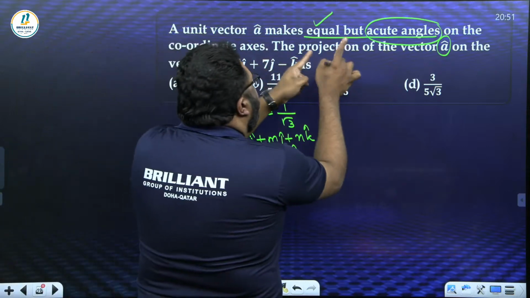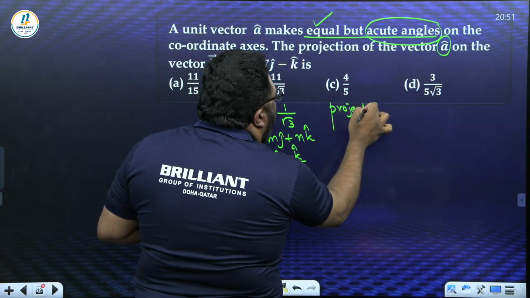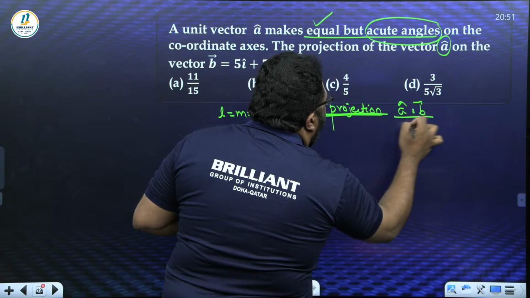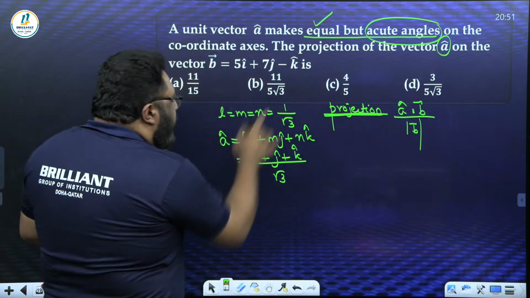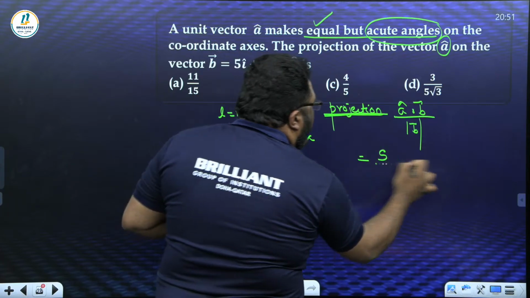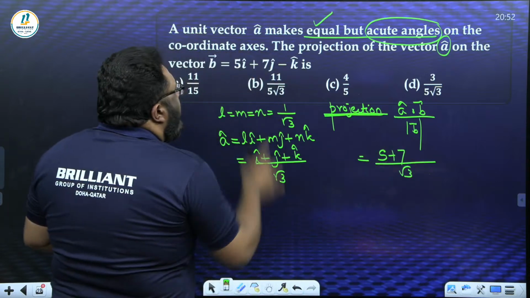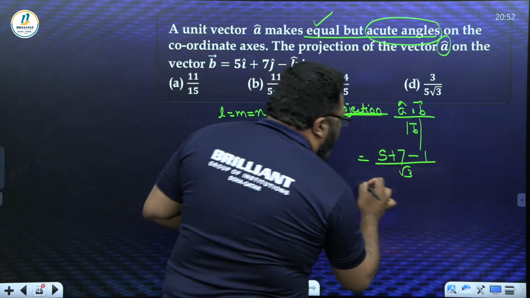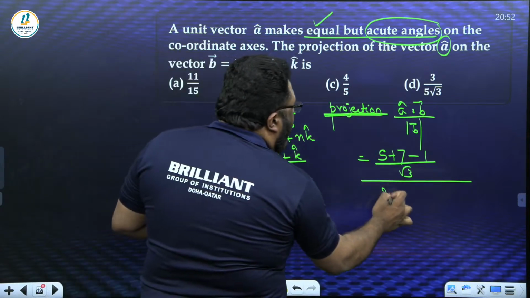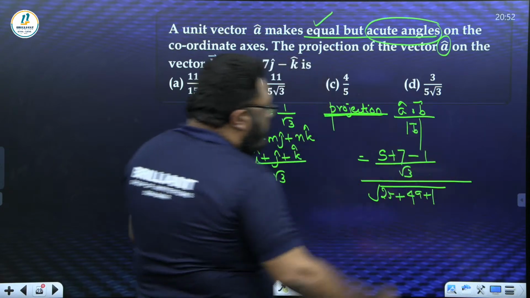And the projection of this vector onto this. They are giving the answer as magnitudes, so projection is going to be A dot B by magnitude B. Take the dot: 5 times 1 is 5, divided by root 3. 7 times 1 is 7, minus 1 times 1 is minus 1, divided by the magnitude of B. What's the magnitude of B? 25 plus 49 plus 1, square root.